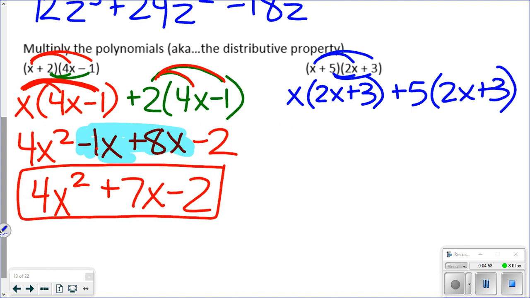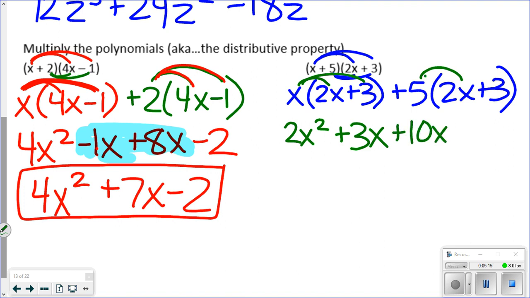Okay, and then I'm going to distribute. So x times 2x is 2x squared. X times 3 is 3x. 5 times 2x is 10x. 5 times 3 is 15.